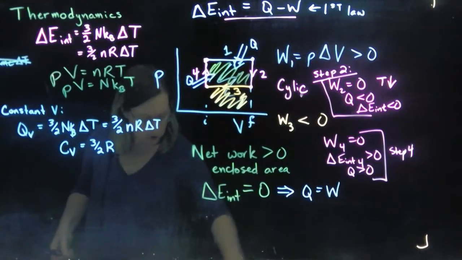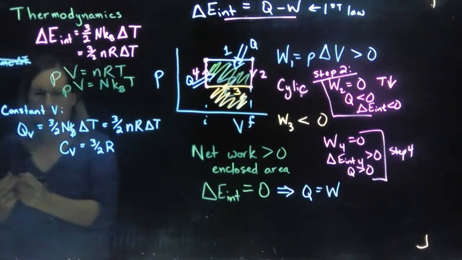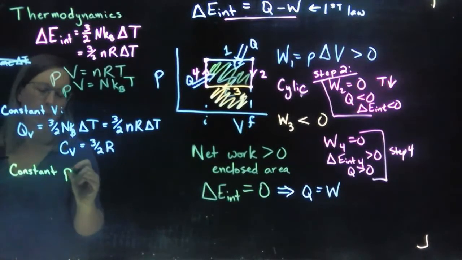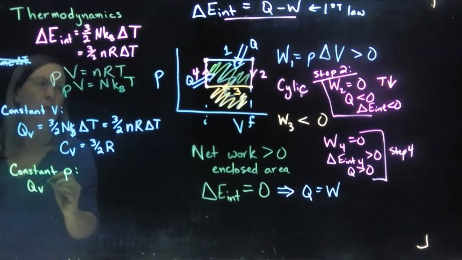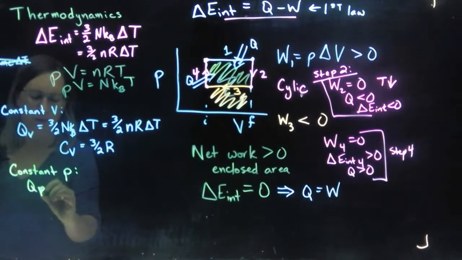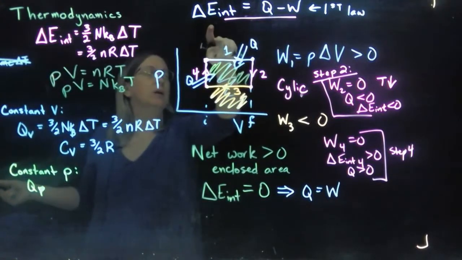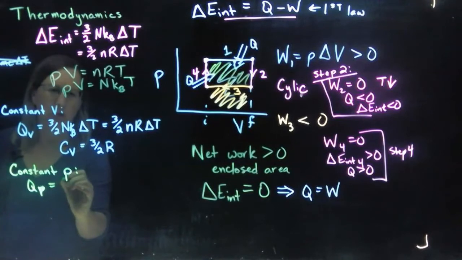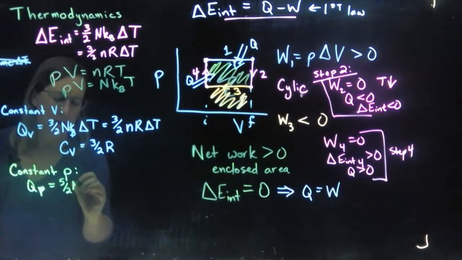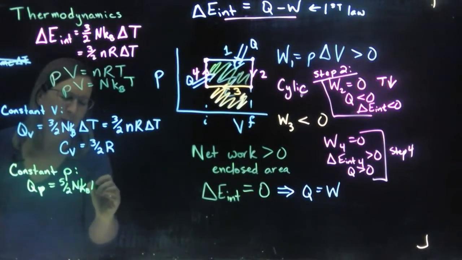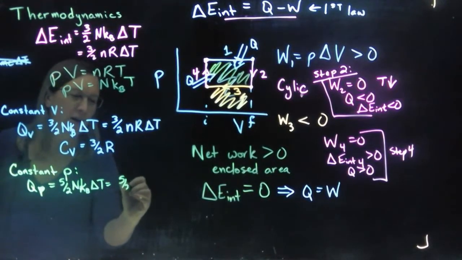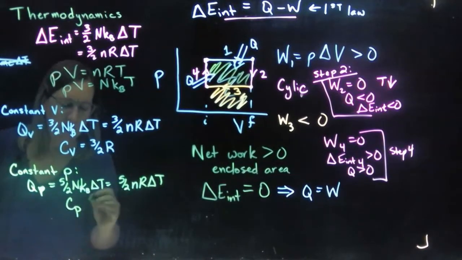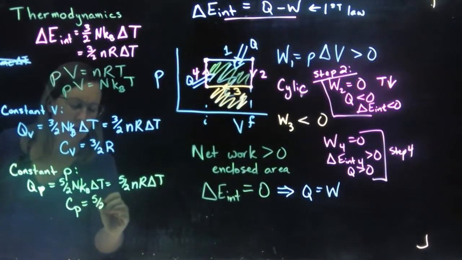So if we go to a constant pressure situation, then Q at constant pressure is internal energy plus the work, and the work is given by this, and we found that this was equal to 5/2 N kB delta T, or 5/2 n R delta T. So the specific heat at constant pressure is 5/2 R, okay?